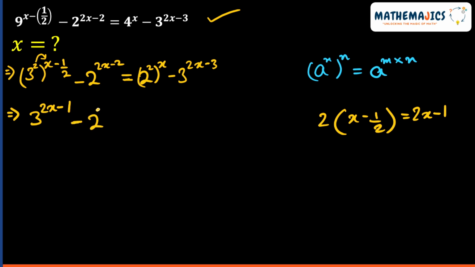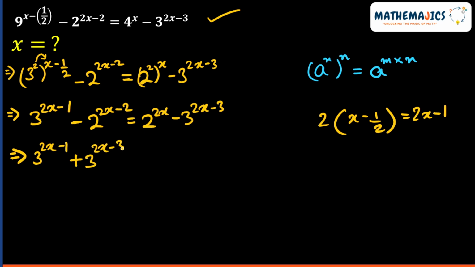Minus 2 raised to power 2x minus 2. This is equals to 2 raised to power 2x minus 3 raised to power 2x minus 3. So now we will bring the 3's together and 2's together. 3 I am bringing on left hand side. We will get 3 raised to power 2x minus 1 plus 3 raised to power 2x minus 3.